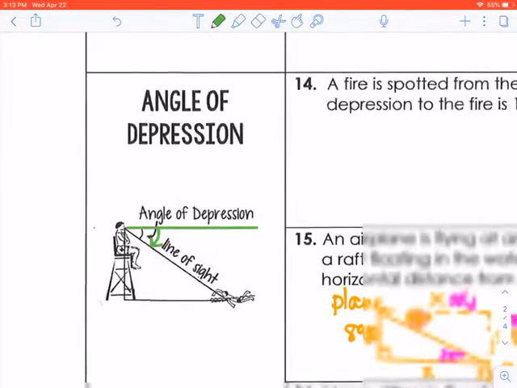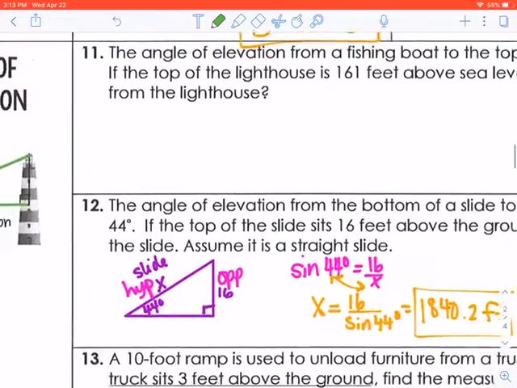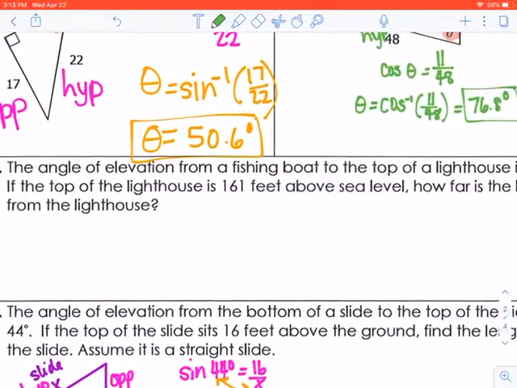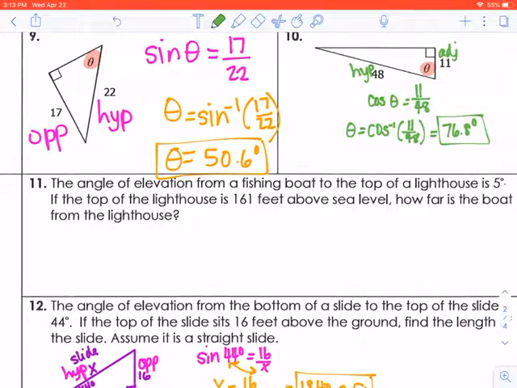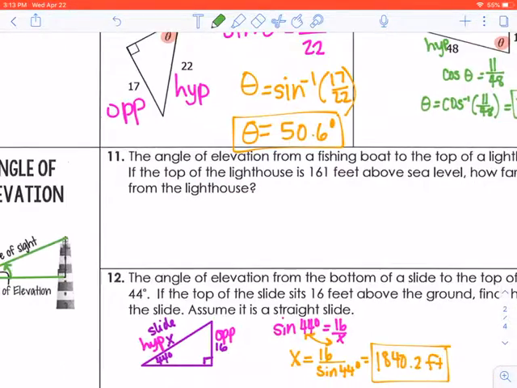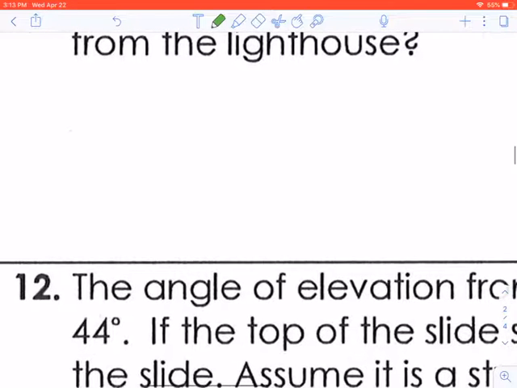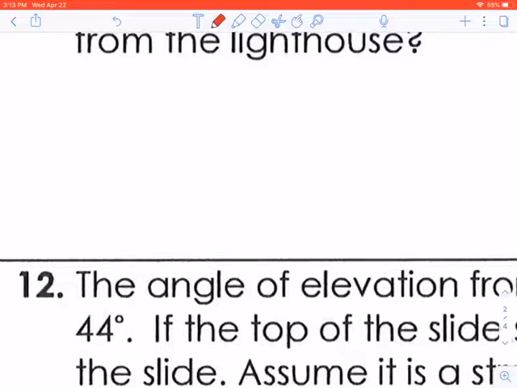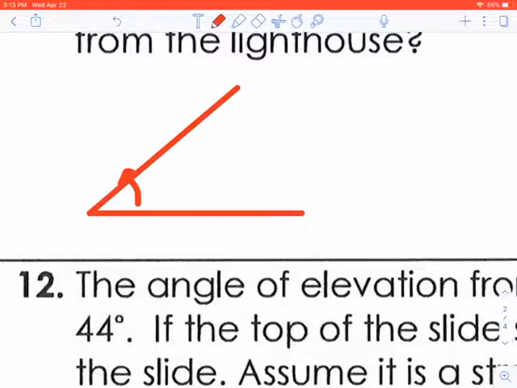Always from a horizontal. So on number 11, we have the angle of elevation from a fishing boat to the top of a lighthouse is 5 degrees. So there we go. I have an angle of elevation. Okay. So I'm going to come from a horizontal line, and I'm going to go up, and I'm going to create an angle. Let's make it better.